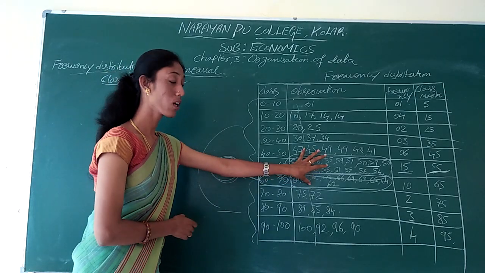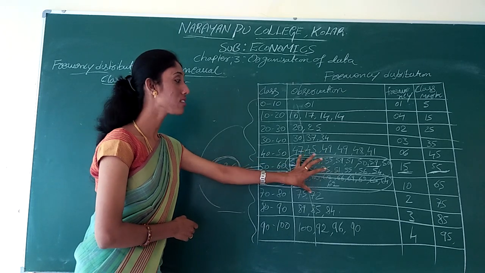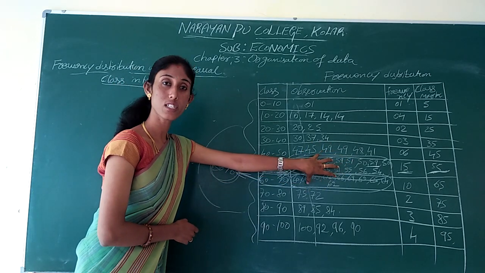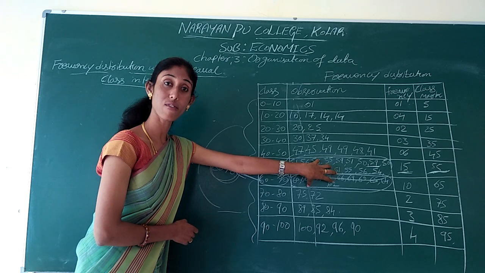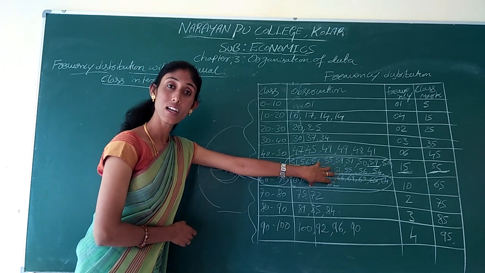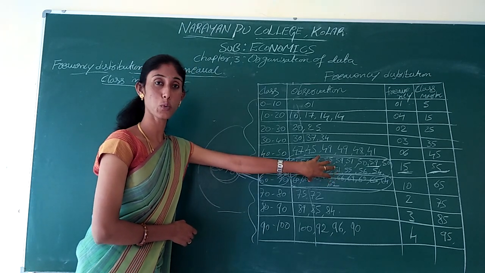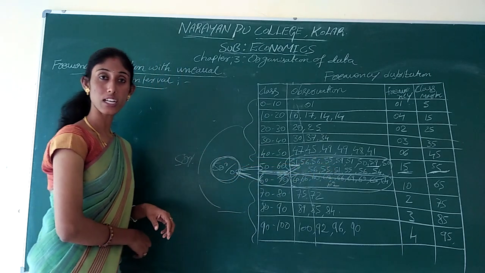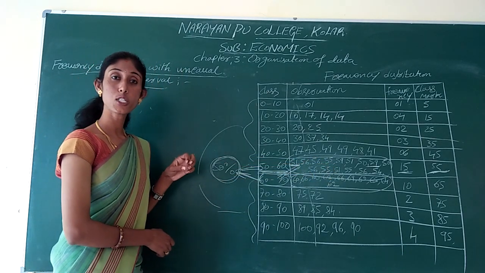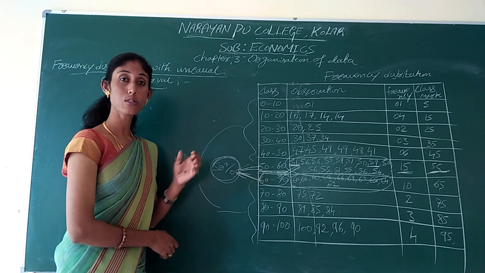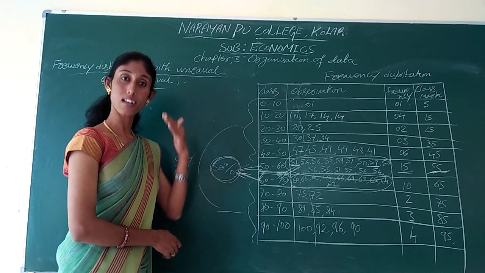But with the equal class interval, we see more concentration of observations or values in some particular classes. That's why in this class we are going to study the frequency distribution of values with an unequal class interval.